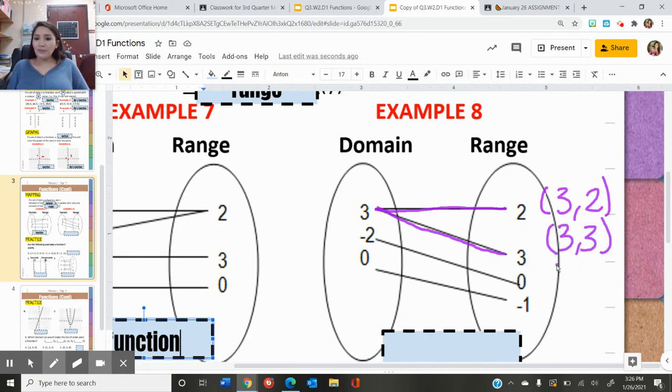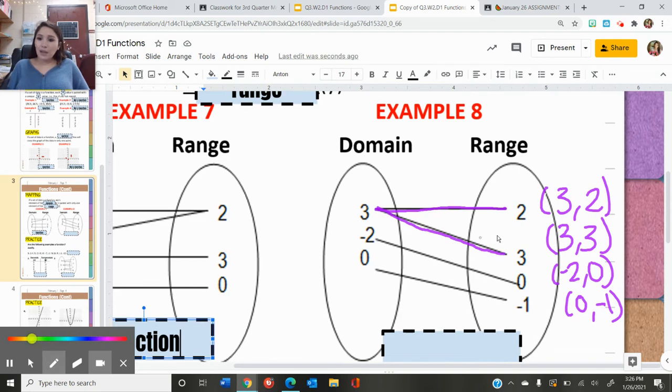I also have negative 2 being paired with 0, and I have 0 being paired with negative 1. Now, here I see that I have my x values, and I have these 3s, these x values, they're repeating. So what that means is that it is not a function.